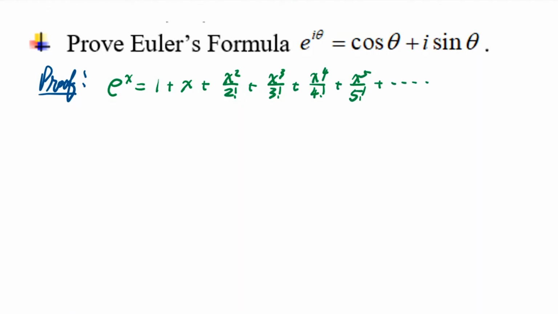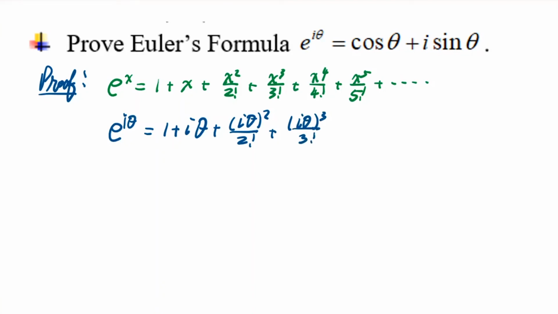Say yes. So what happens if we put i theta here? I just replace all the x with i theta, right? So I'm going to write it as a proof, so we can afford to write a few more lines.